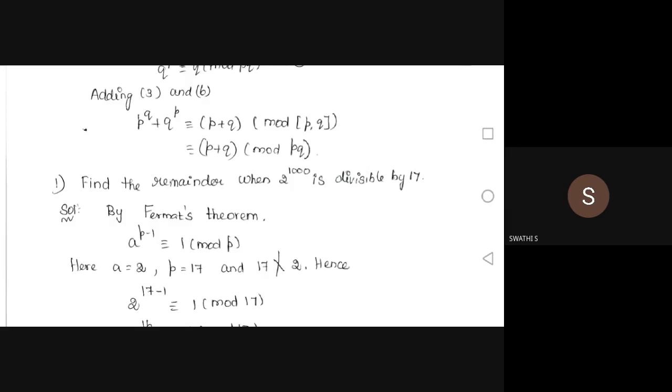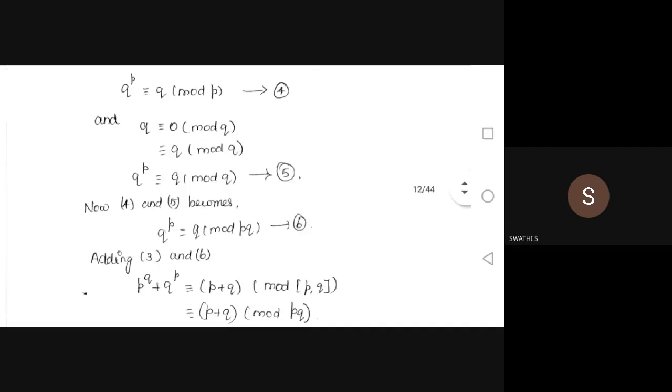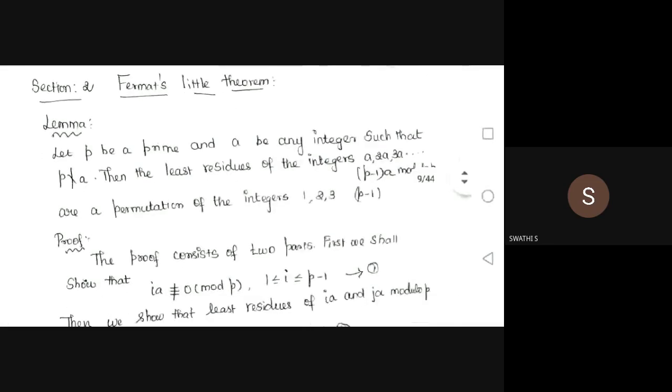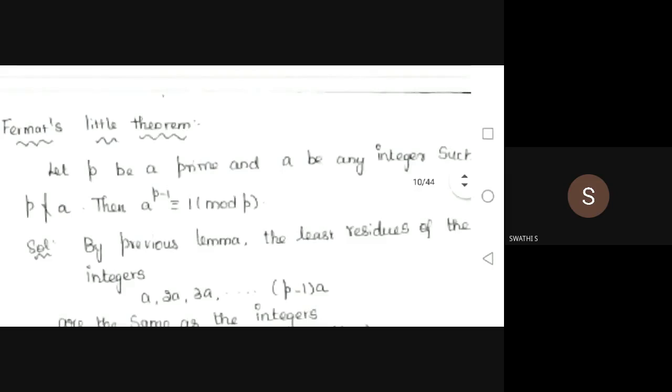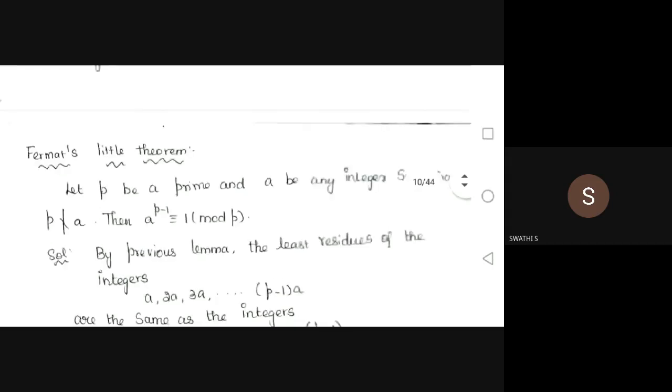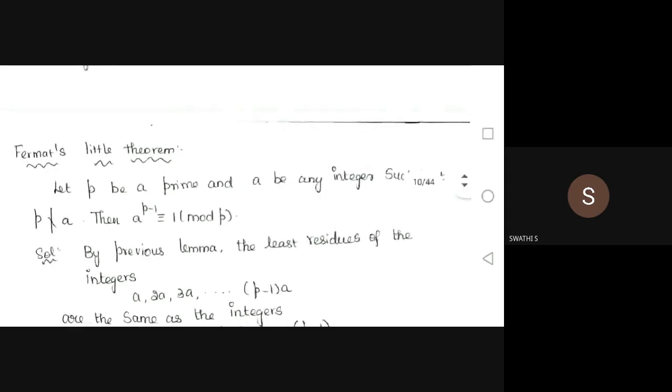So look at the statement of Fermat's little theorem: A power P minus 1 is congruent to 1 mod P when P does not divide A.